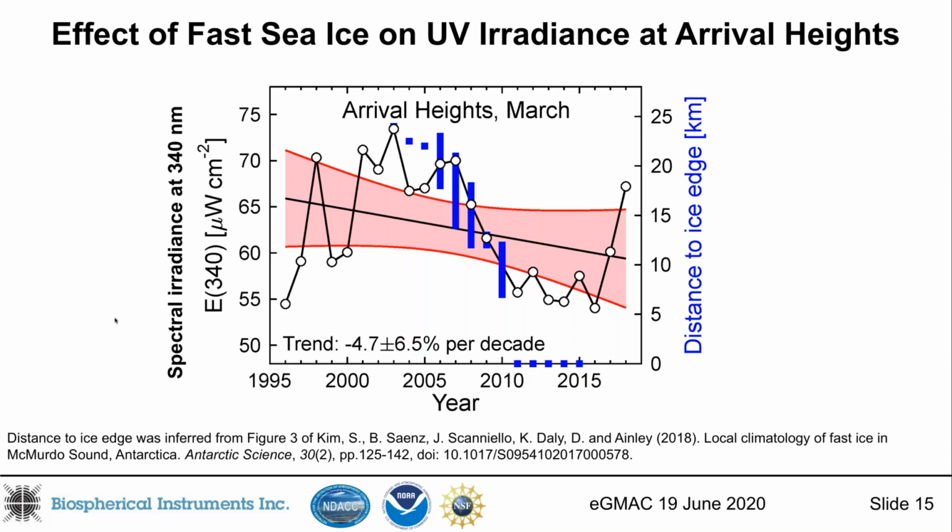And as many of you will recall, there was a gigantic iceberg sitting at the entrance to McMurdo Sound in the early 2000s, which increased the albedo tremendously because McMurdo Sound was basically frozen over during this part of the year. And that means there's high albedo, incoming radiation is reflected upward, is partly Rayleigh scattered down, and UV radiation is increased. So the trends that we see at Arrival Heights in spring are mostly related to this iceberg that lingered on for many years.